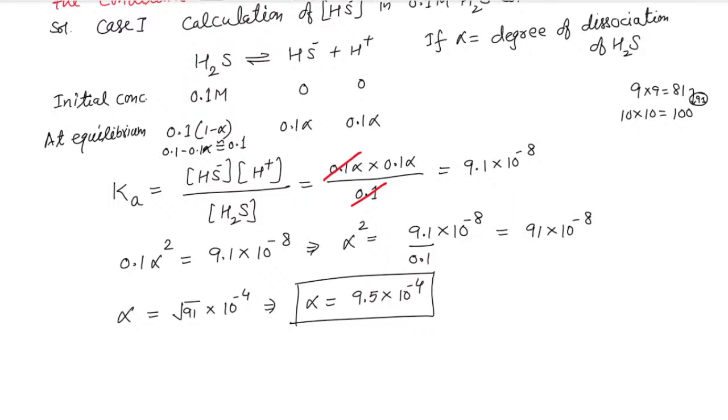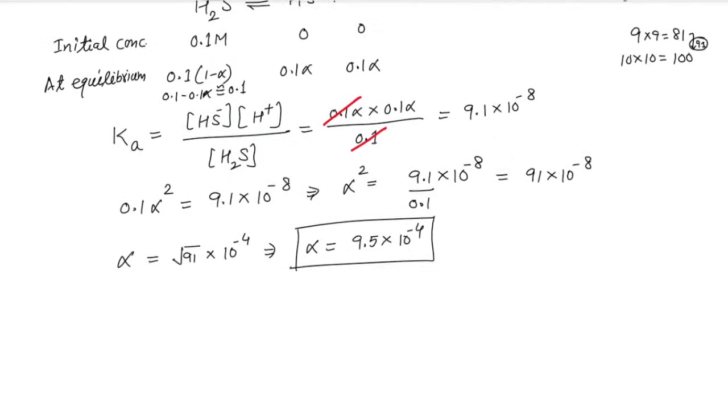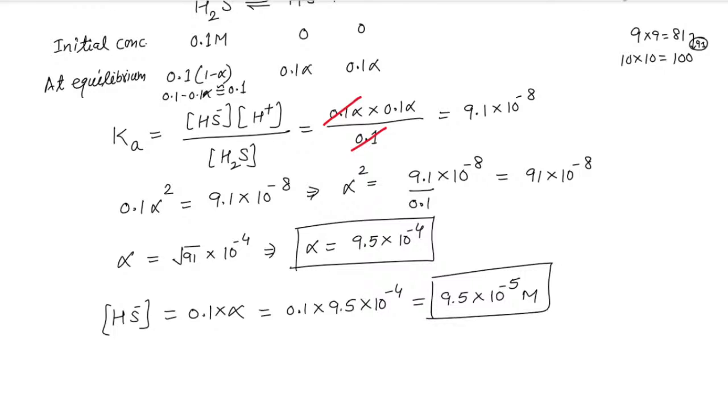And the concentration of HS negative: the HS negative ion concentration is 0.1 into alpha. So that is 0.1 into 9.5 into 10 raised to power minus 4, so it becomes 9.5 into 10 raised to power minus 5. Right?